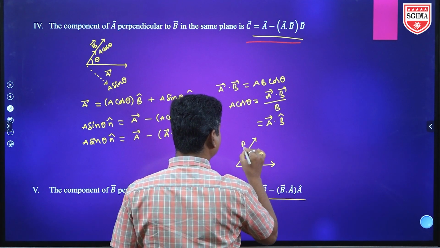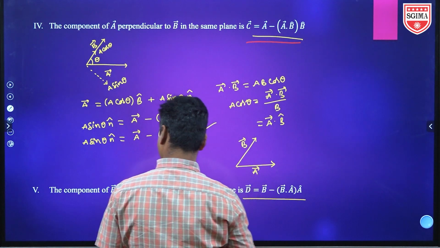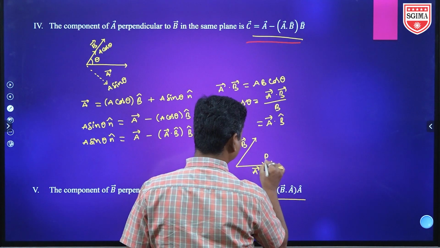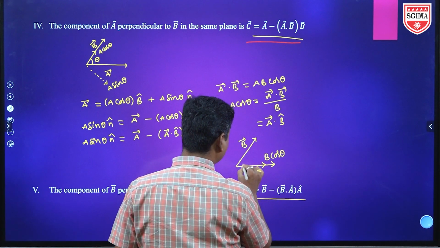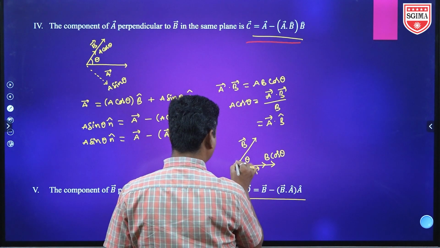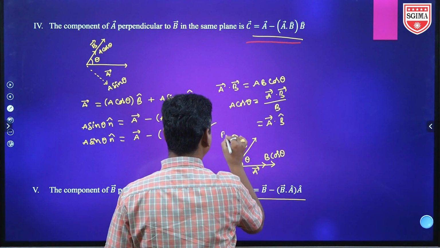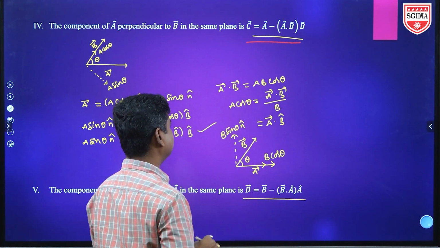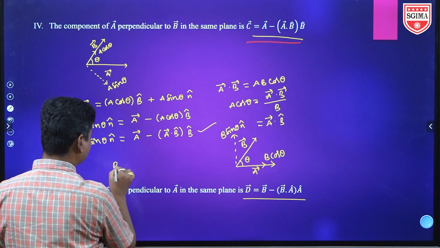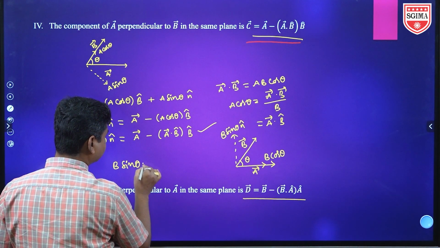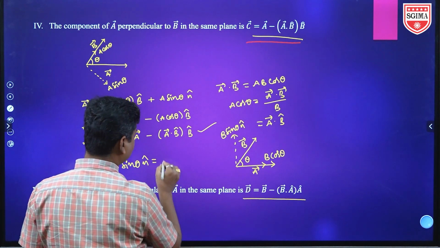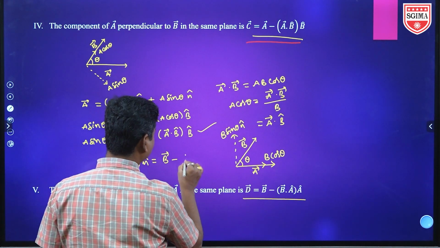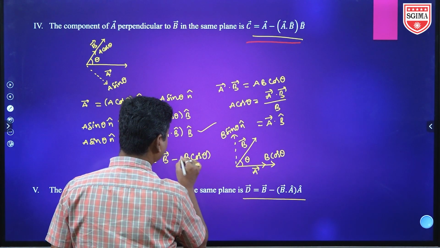A B bar vector is taken, an A bar vector can be taken, but the component of B bar normal to A, in this direction B cos theta acts, because the angle between A bar and B bar is theta. Normal to that A bar, this is B sin theta into n cap. Here B sin theta into n cap is equal to B bar minus B cos theta into A cap.